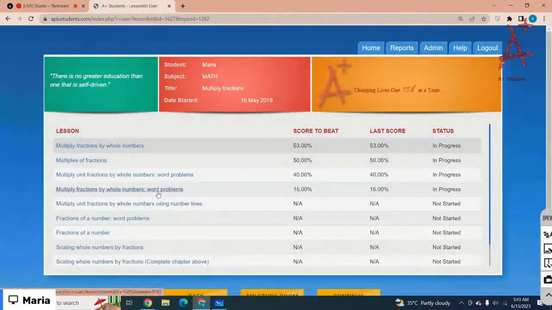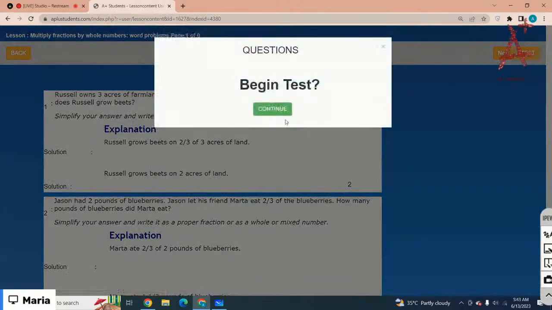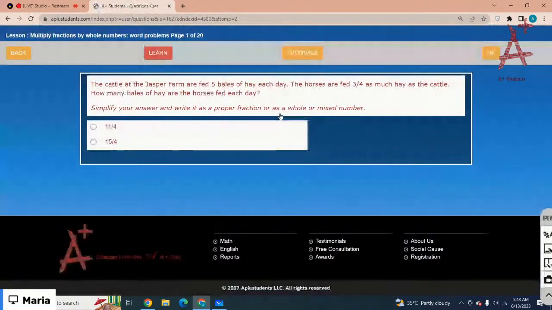And the next lesson is multiply fractions by whole numbers word problems. So you are going to multiply whole numbers and fractions, the same thing we are already working on. Okay, the cattle at the Jesper farm are fed 5 bales of hay each day.